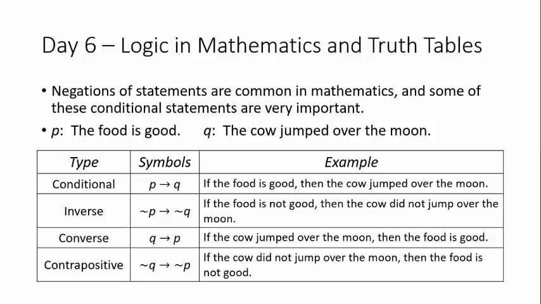So we have the negation of Q implies the negation of P. In our example, it would read like this. If the cow did not jump over the moon, then the food is not good. Make sure you learn how to construct each of these types of statements.